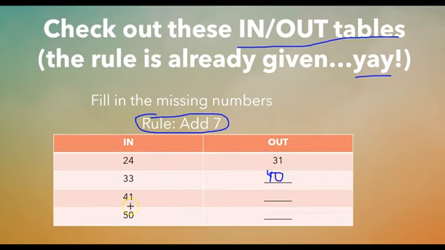It's 40. 41 plus 7, 48. And 50 plus 7, well, that's easy, 57. Okay, so for your in and out tables, you apply the rule that is given to the in numbers.